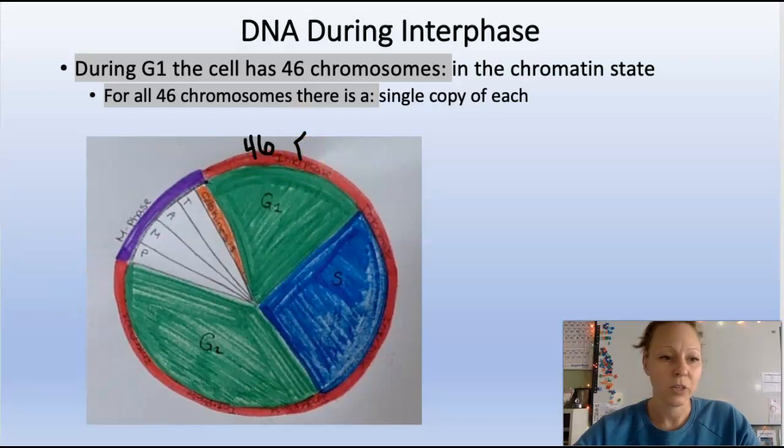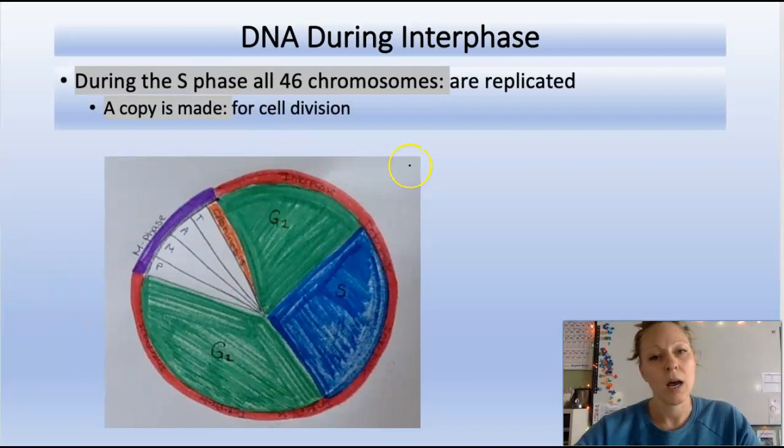And then during S phase, we know that our chromosomes are going to be replicated. So if we had 46 chromosomes like that before during G1, then we're going to copy it. So there's one here, and then here's its exact copy.